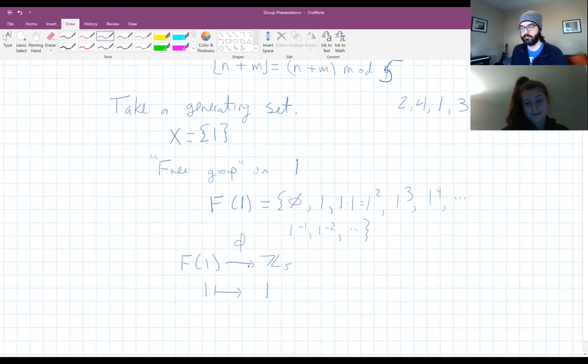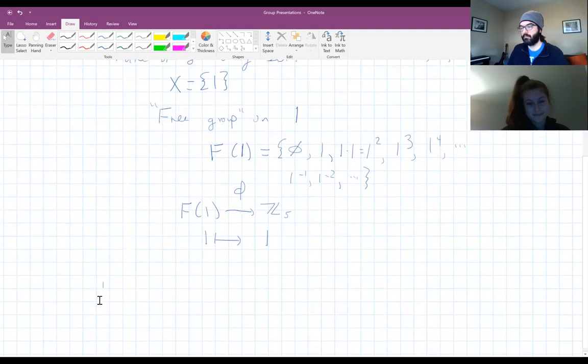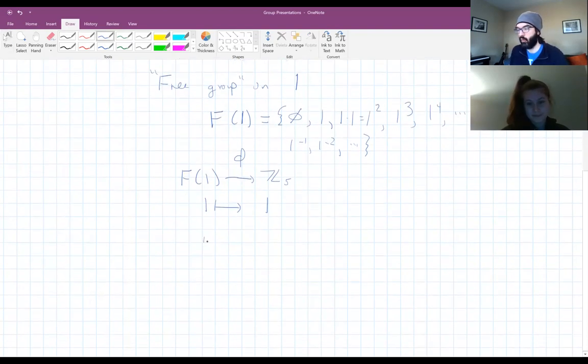So 1 squared would get mapped where? To 2. Yes. 1 cubed would go to 3. 1 to the 4th is going to go to 4. 1 to the 5th is going to go to 5, and so on and so forth, right?